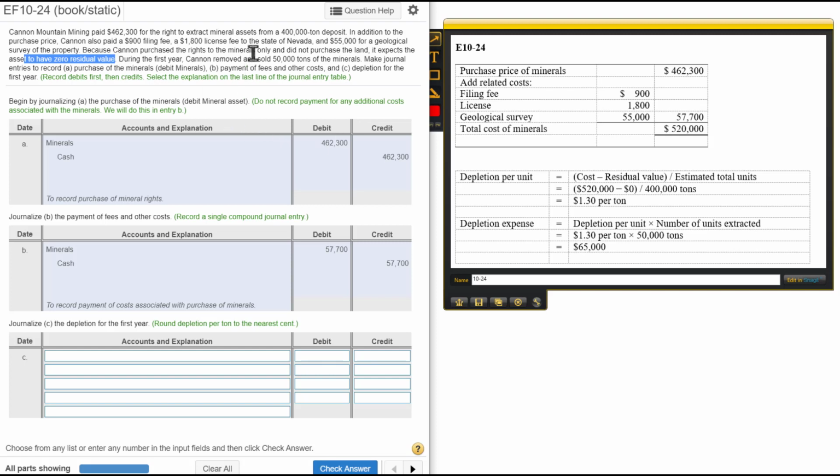And then how many tons do we think we can extract from this? 400,000. So $520,000 divided by 400,000 tons gives us $1.30 per ton. Now, how many tons did we remove the first year? 50,000. So we're going to take 50,000 times this $1.30 per ton, which gives us $65,000.